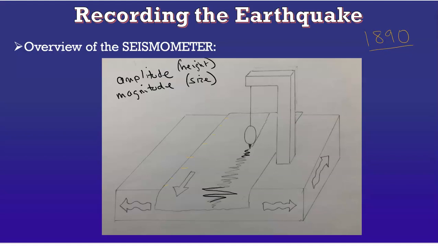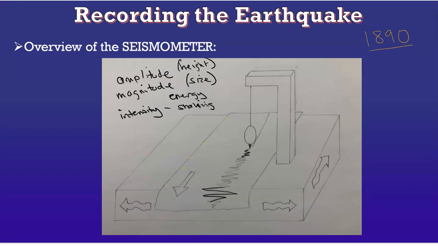Based on the magnitude and size and the energy that is producing the shaking, obviously, the more energy, the larger the shaking, the larger the earthquake. Then you can also see the intensity, which is the amount of shaking, which is directly linked and proportionate to the amount of energy. And that would link up to the height of the vibrations and movement of the pen, which is the amplitude.